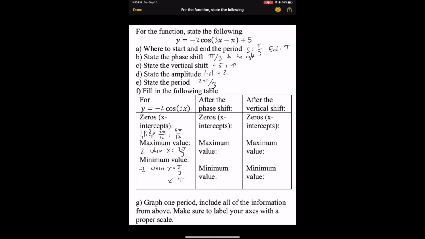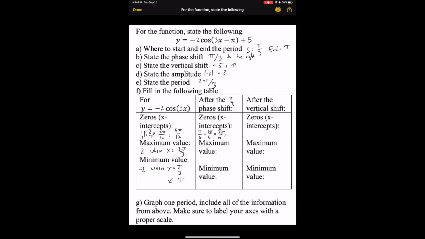So now we can look at the phase shift, and that's going to be pi over 3. So all we have to do is add pi over 3 to 2 pi over 12. So that's pi over 6 plus 2 pi over 6. So that equals 3 pi over 6.